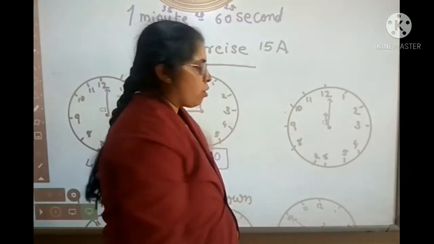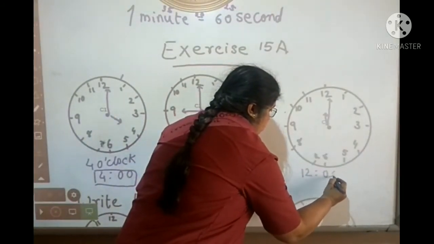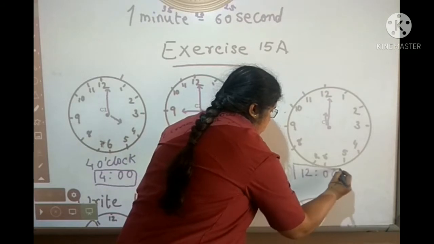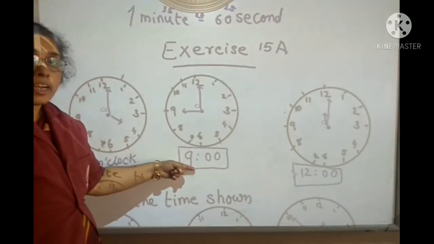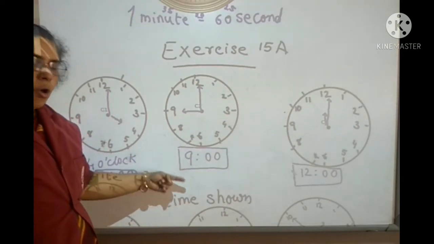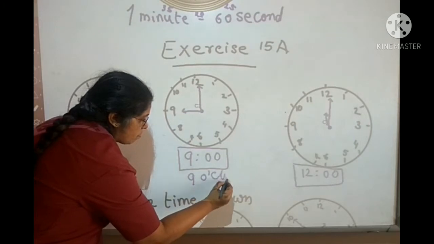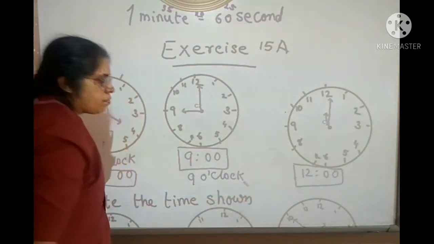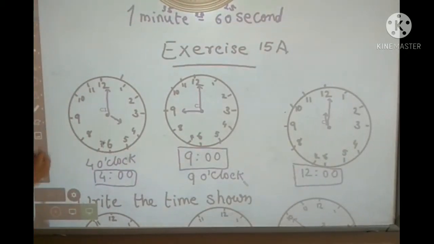That means 12 o'clock. You can write it in two ways, this way or like this also, 9 o'clock. This one, 12 o'clock. Now we will pass to question number 2.